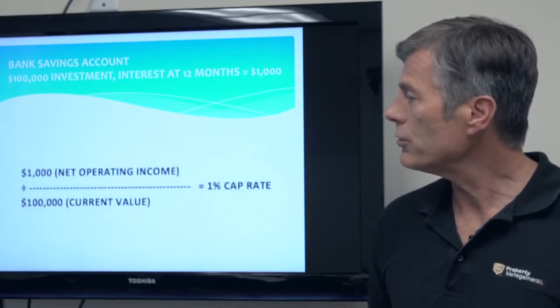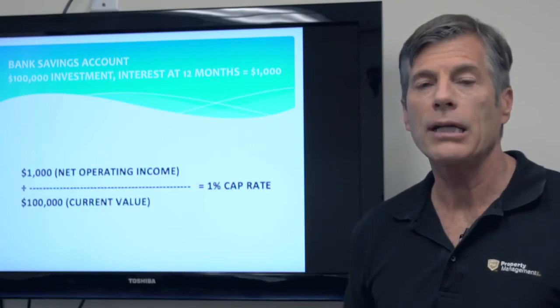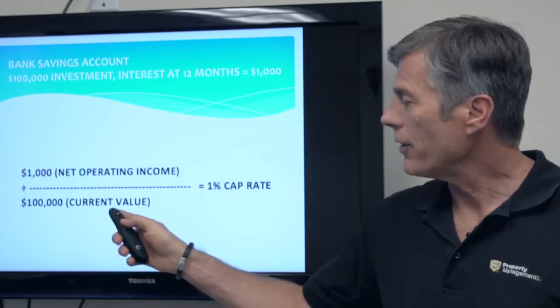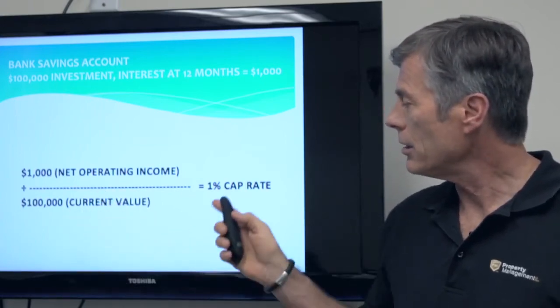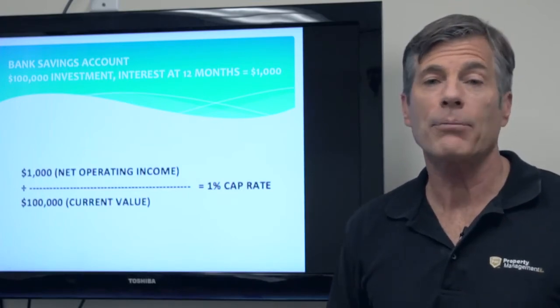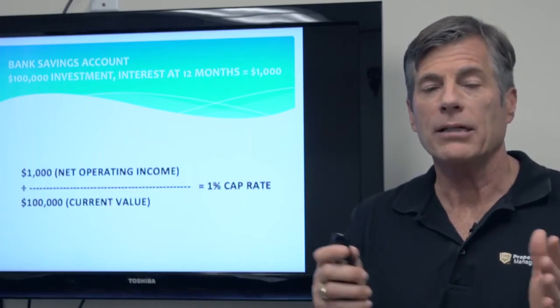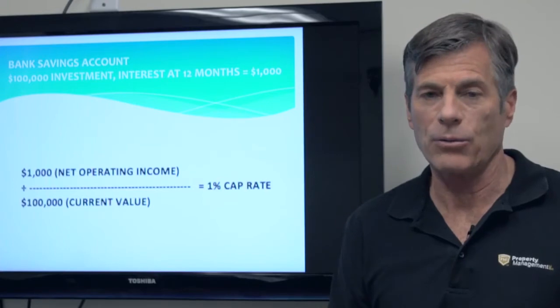So with those numbers, you can calculate your cap rate. You've got $1,000 net operating income at the end of 12 months. You divide it by the current value of $100,000, that's what you put into it, to give you a 1% cap rate. Not a very large cap rate, but guess what? Not a high risk. Because with a higher cap rate usually comes a higher risk.